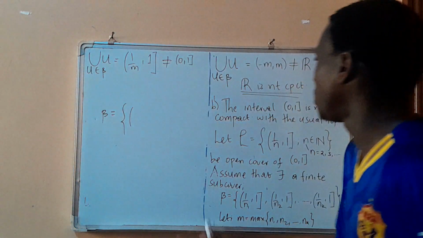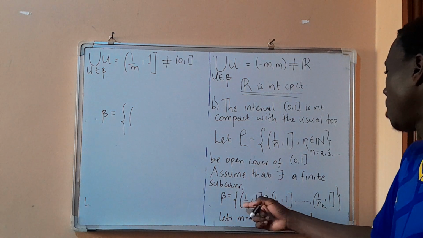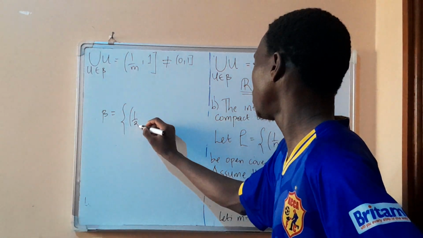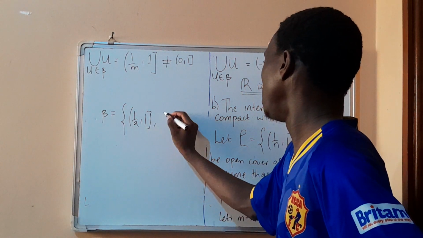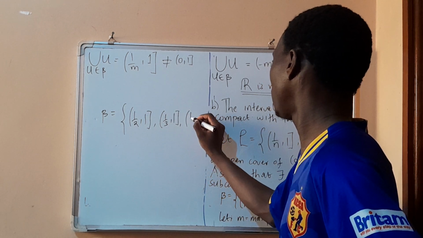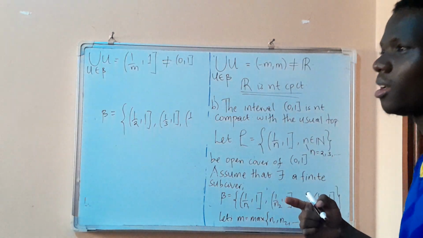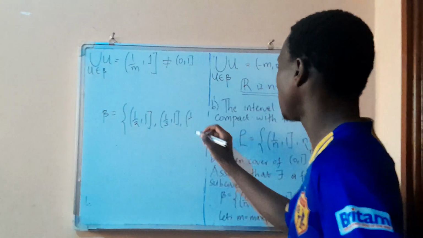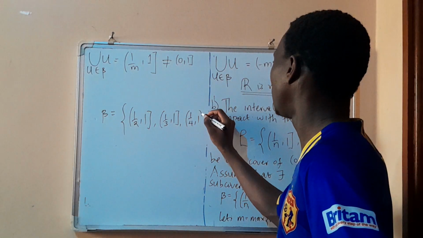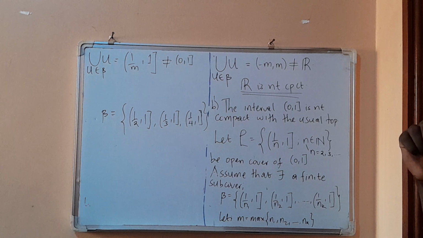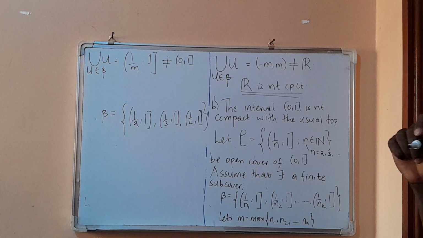I was still telling you that you should look at this finite sub collection as consisting of 1 over 2, 1, 1 over 3, 1, maybe up to 1 over m, 1, because it's a finite subcover. Now try to compute the union of these sets. The union will actually be this set here.